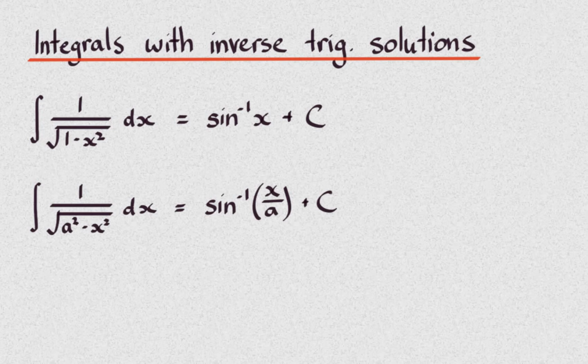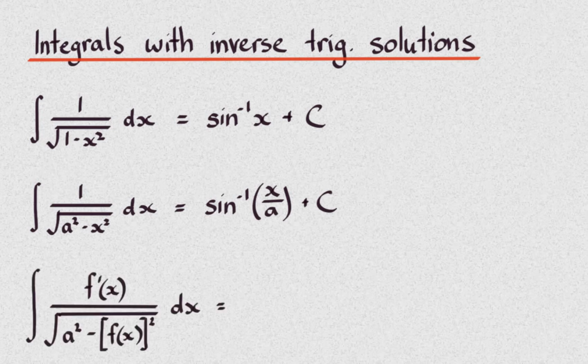Finally, if we're not just dealing with x, but rather some function of x, and we apply the chain rule, then what we get is inverse sine of the function of x on a. And this last one here is what you'll find on your reference sheet.